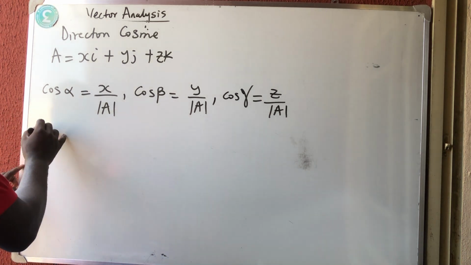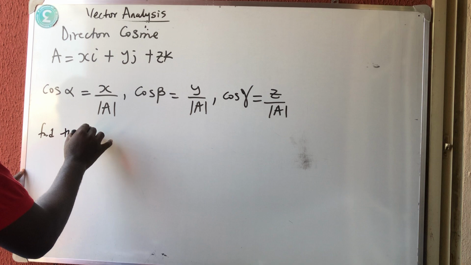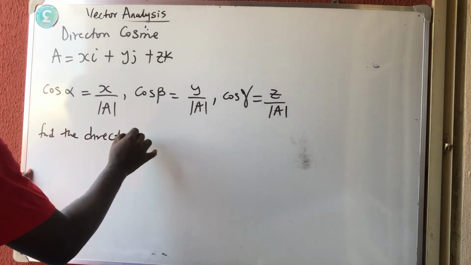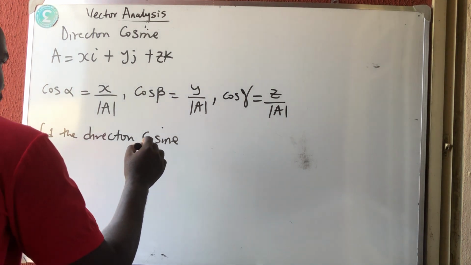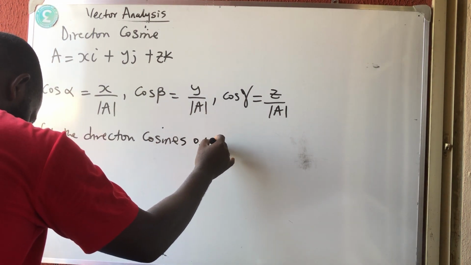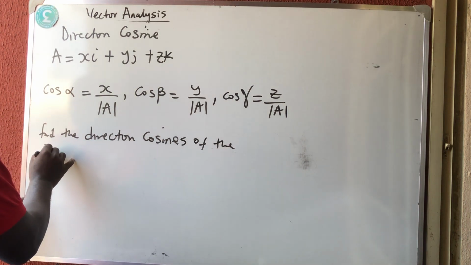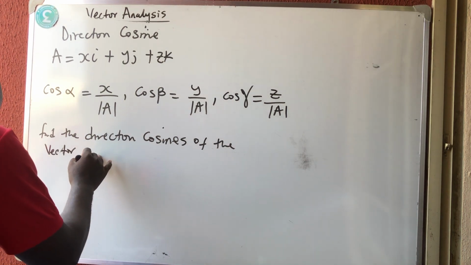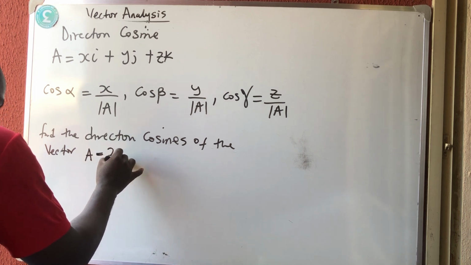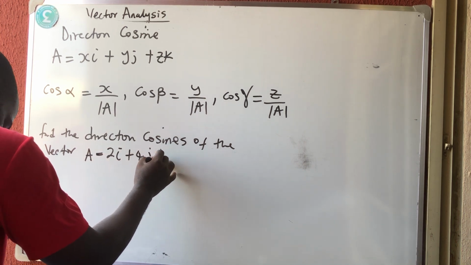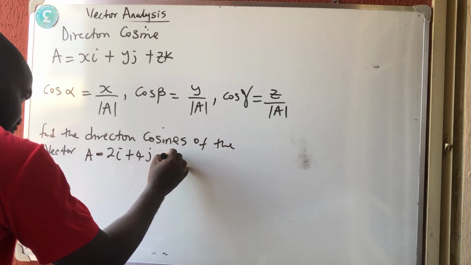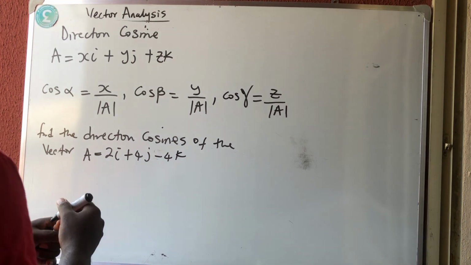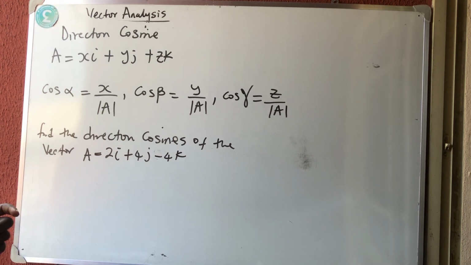So they say find the direction cosines of the vector a, which is equal to 2i plus 4j minus 4k.